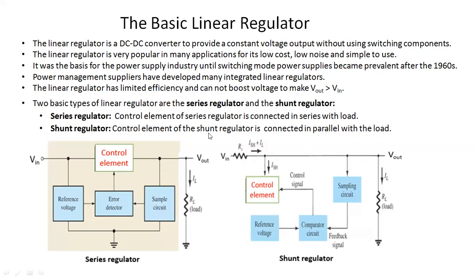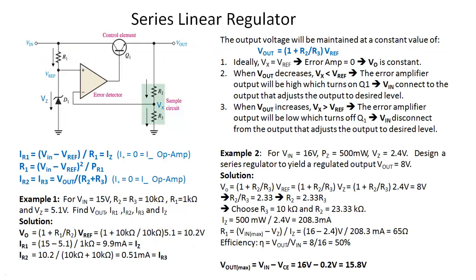In the series DC to DC converter, the control element is in series between input and output. We take an output voltage sample from the sampling circuit and give it to the control circuit through the error detector, and compare it with the reference voltage obtained from the reverse-biased Zener diode. This is the series voltage regulator.